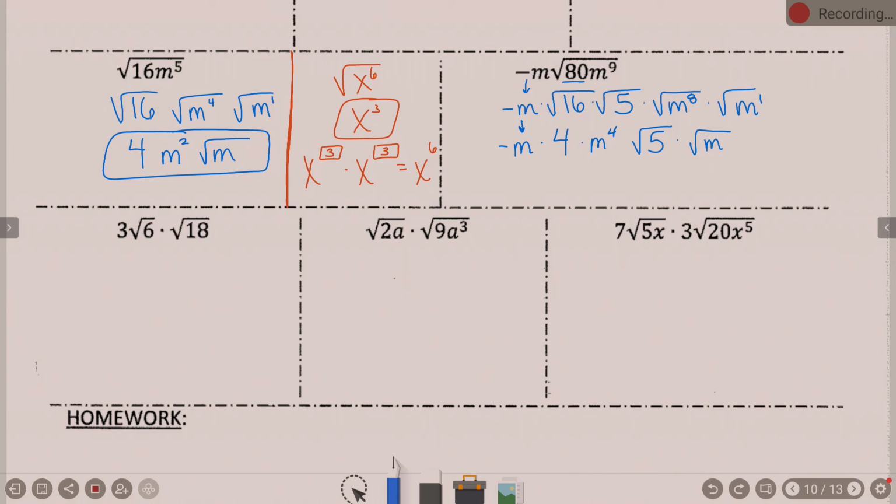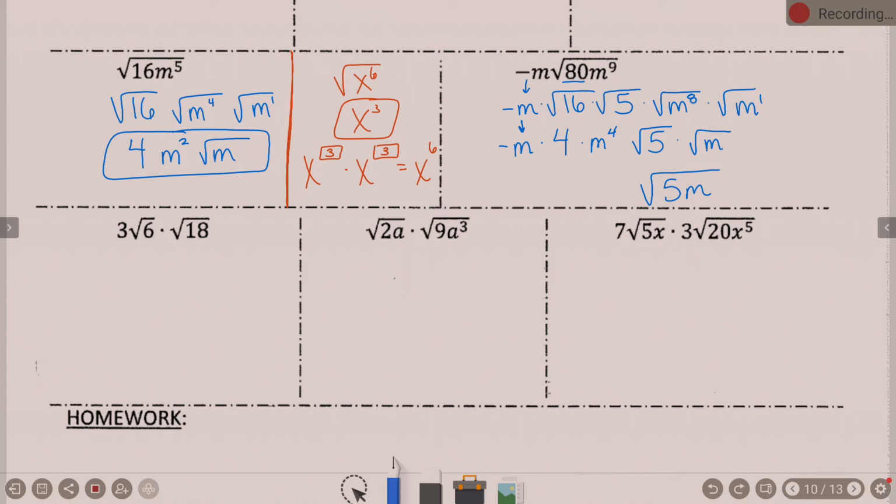Now, we're going to put it in a nicer form of an answer. Square root of 5 times square root of m is going to be the square root of 5m.